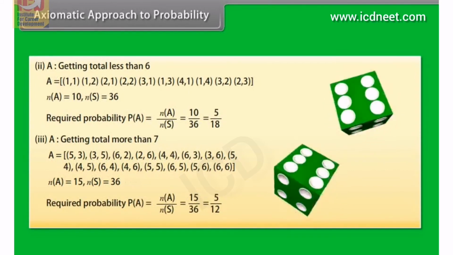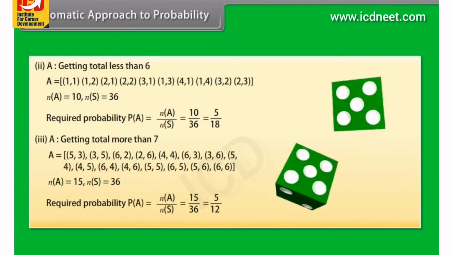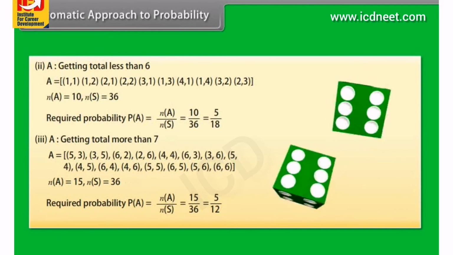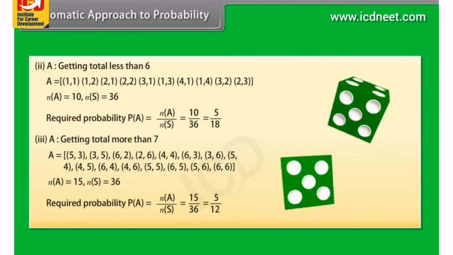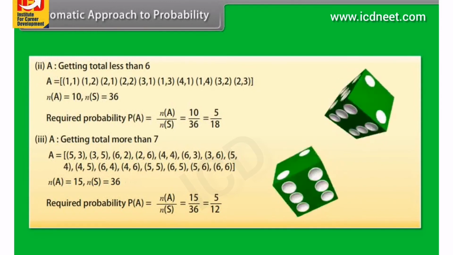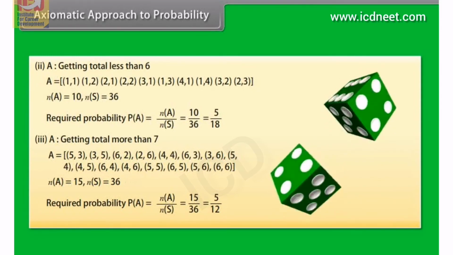Required probability P(A) = n(A)/n(S) = 15/36 = 5/12.